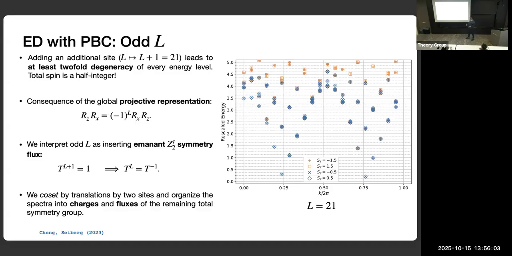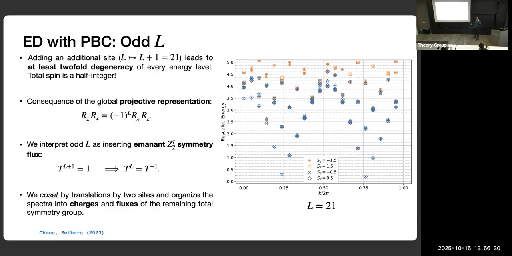So if I have T to the L symmetry, that is flowing to some internal symmetry at low energy degrees of freedom, T to the L plus 1 being identity means that T to the L is like T minus 1, which means that I sort of inserted a translation twist. But that's not very well defined on the lattice. The correct interpretation is that you have a low energy theory where translation by one lattice site acts like an internal symmetry.